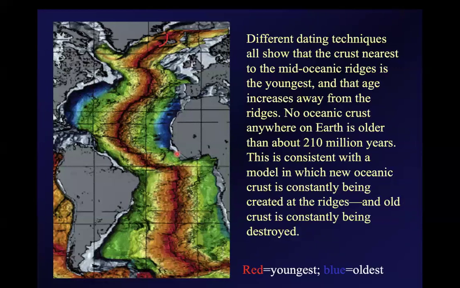So the continental crust does not get created and destroyed in the way that oceanic crust does. Oceanic crust is constantly being born. It's created at these ridges. It gets destroyed at convergent boundaries. And so, yeah, oceanic crust is relatively young compared to some of the very old rocks that form on continents.